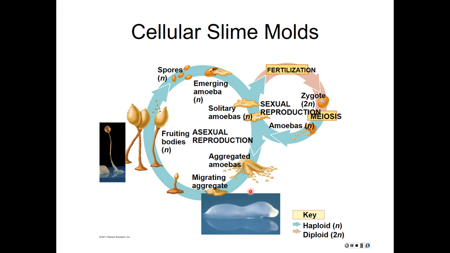Now, if the environment is still not fabulous, these cells will actually assemble themselves into a fruiting body as well. So they will also make a fruiting body that produces spores.